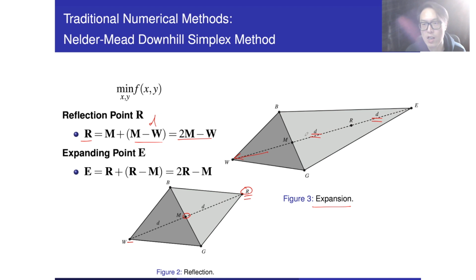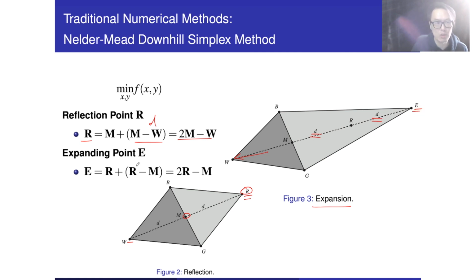Why not extend this search distance from D to 2D? That is the expansion. Of course, we can extend this to 3D, 4D, but we do not do this, because we are going to repeat this process iteratively. So in this algorithm, we only do 2D.